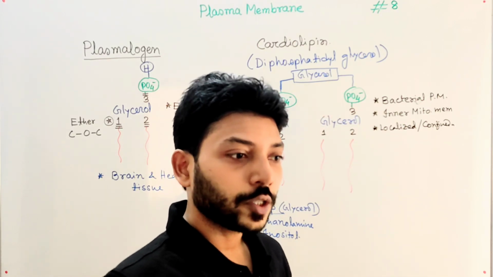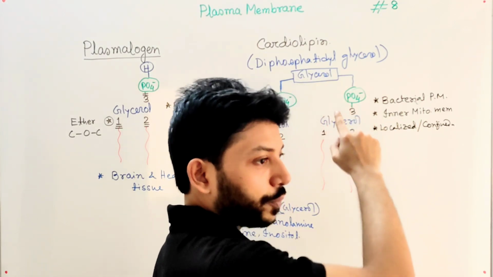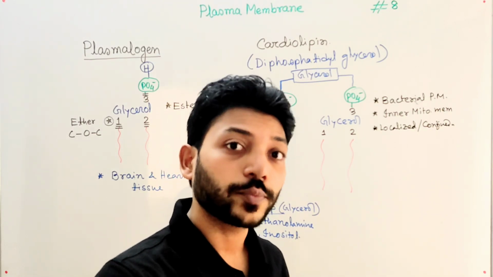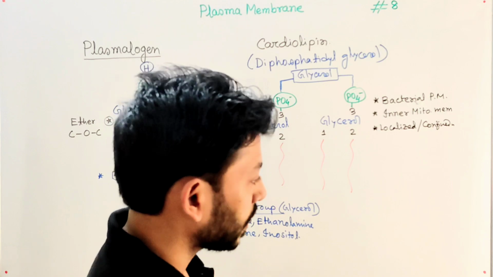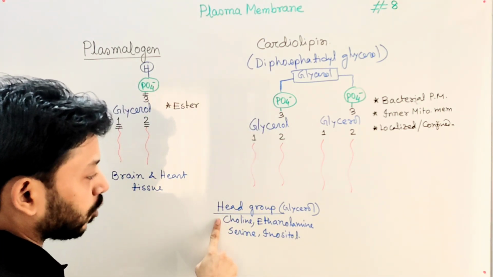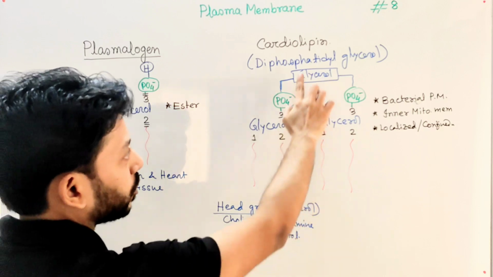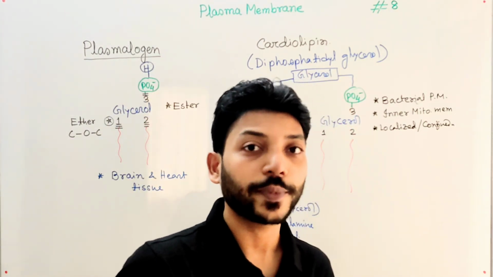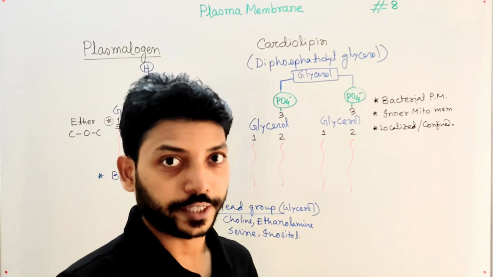But in the case of cardiolipin, a very little amount is exported to the other organelles. Let me explain. Phosphoglycerides like phosphatidylcholine, ethanolamine, serine and inositol are synthesized in the endoplasmic reticulum. This is the factory site.